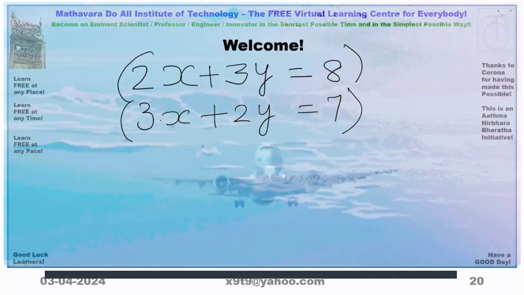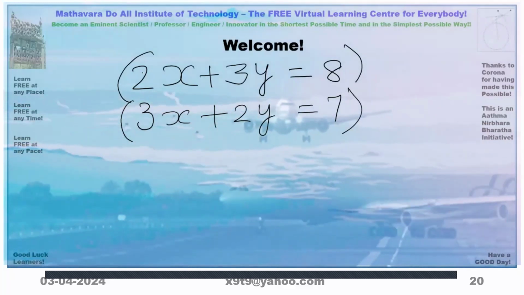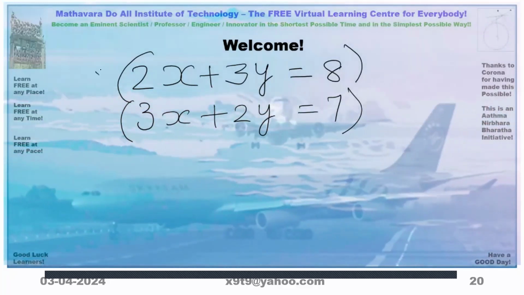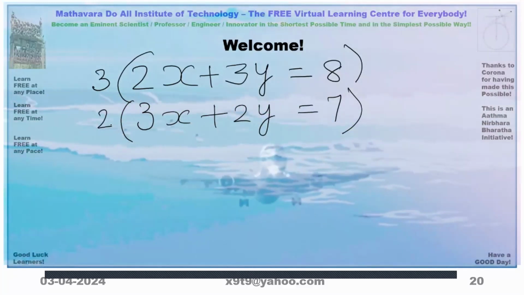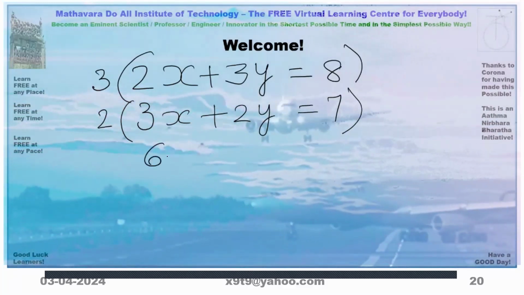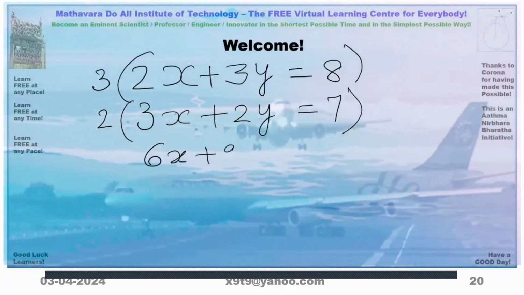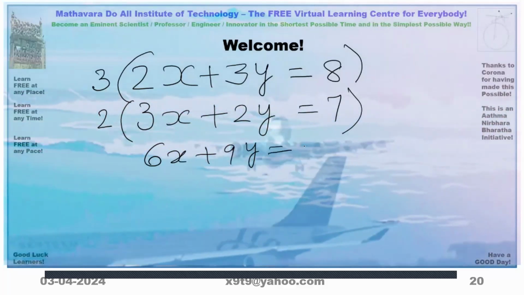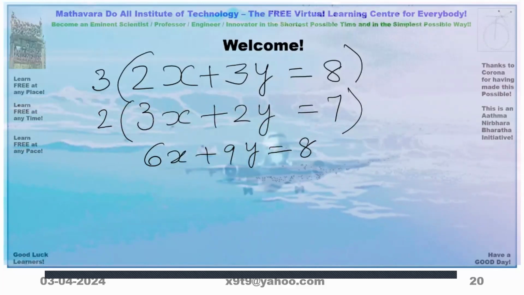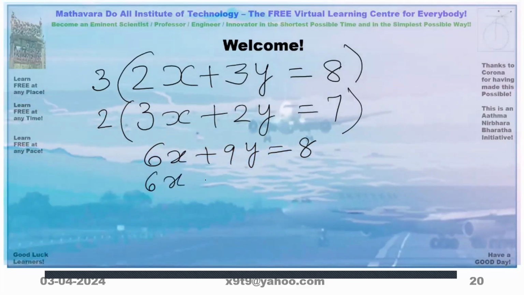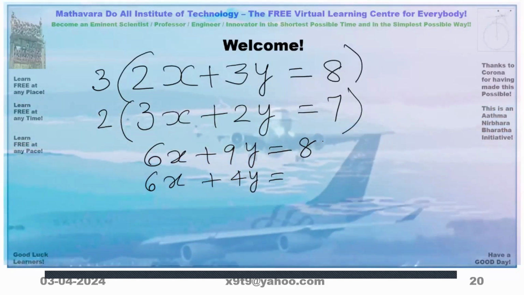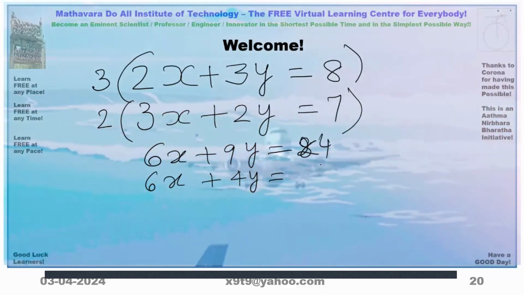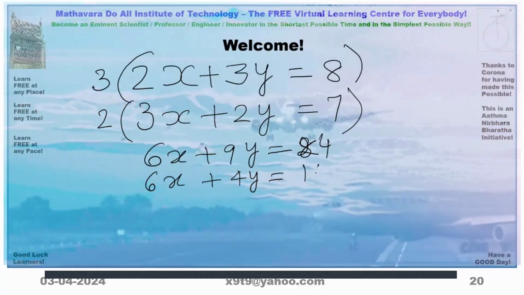For example, if I multiply this one by 3 and this one by 2, we will get 6x plus 9y is equal to 24, and 6x plus 4y is equal to 14.